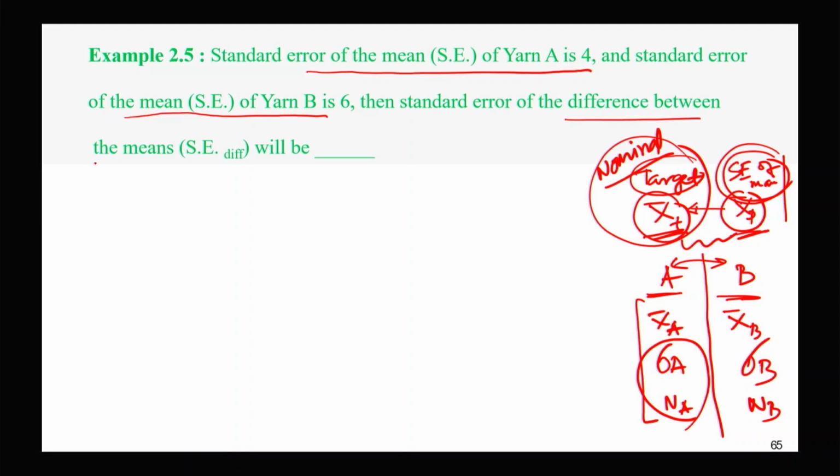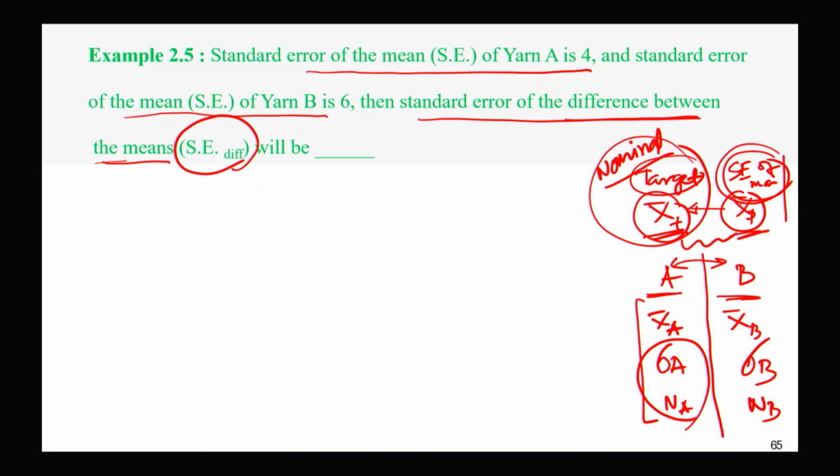For the difference between the means, it's the standard error of difference between the means, which is denoted as standard error difference. It is not the normal standard deviation or standard error.